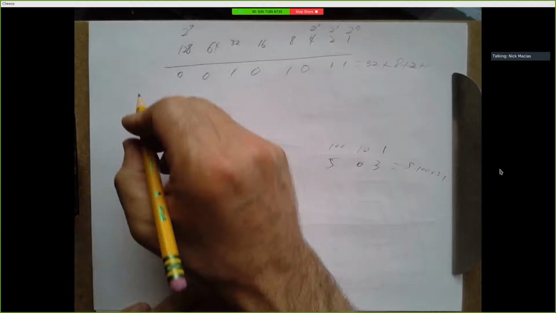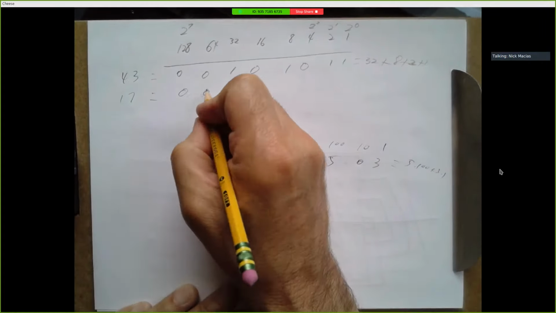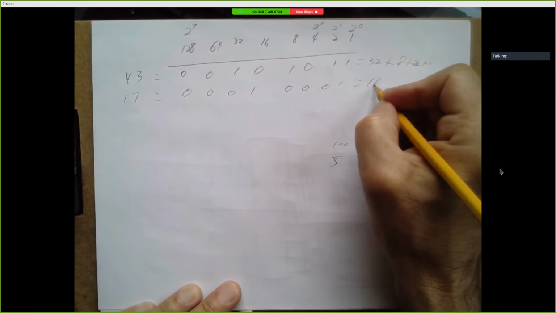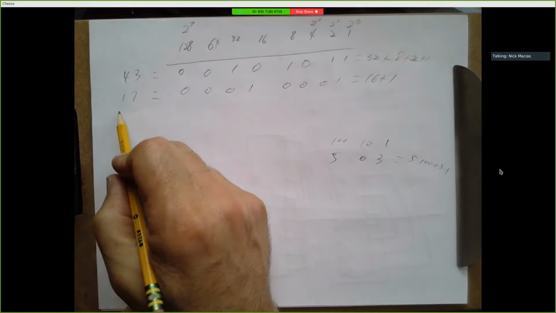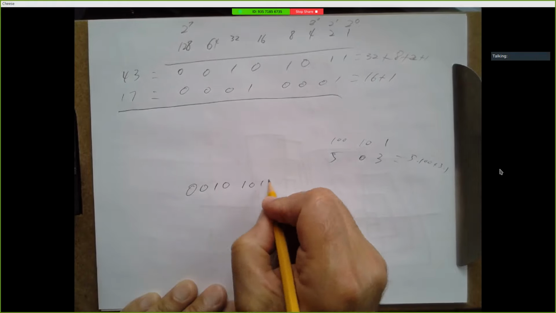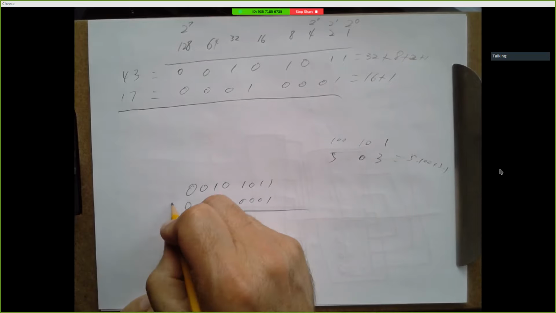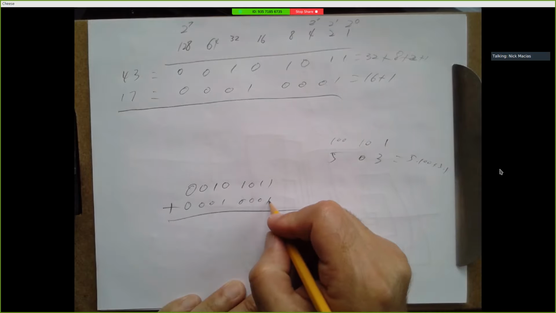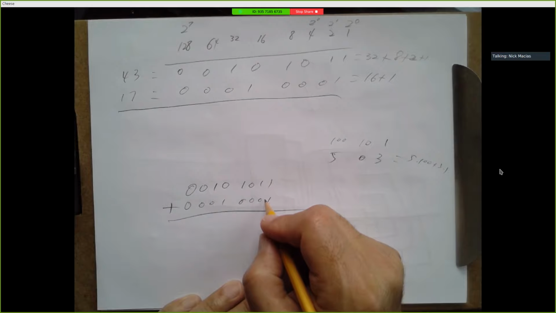So this is the number 43, and the number 17 would be something like 16 plus 1. And so if I want to add in binary, I do the same thing I do with pencil and paper for decimal. 1 plus 1 is 2, which is kind of like 10 in decimal.